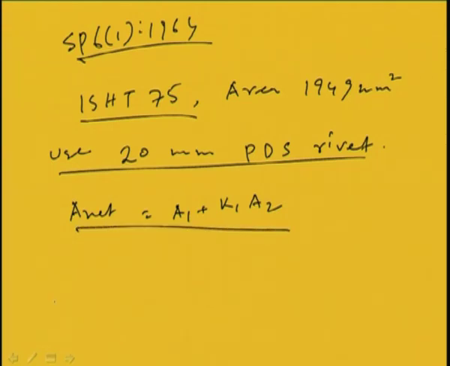Let us draw the things, then it will be easier. Say this T section is a single T, so it is connected like this. This is the gusset plate and this is one rivet, because two rivets have to be provided in the flange.